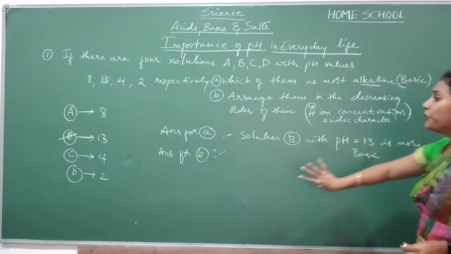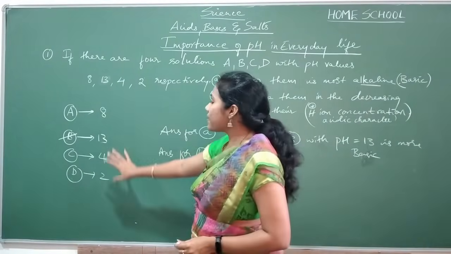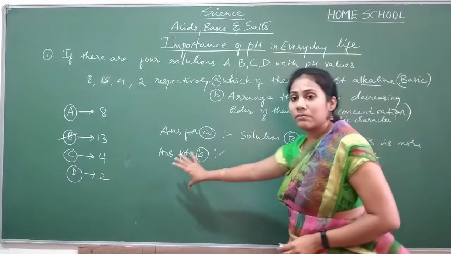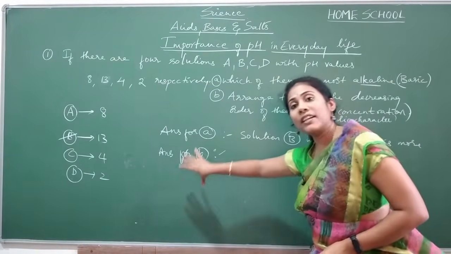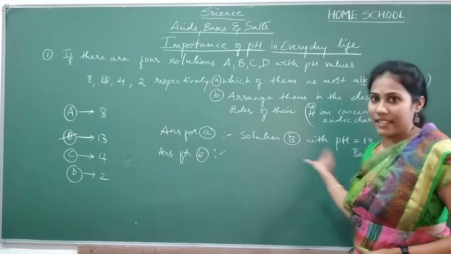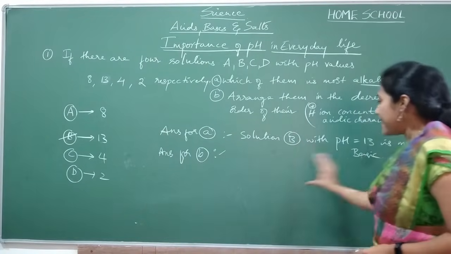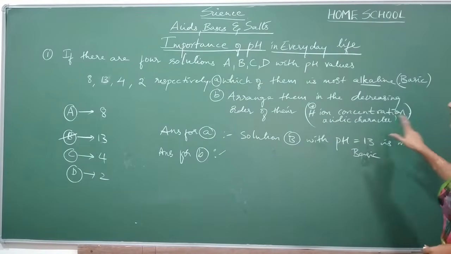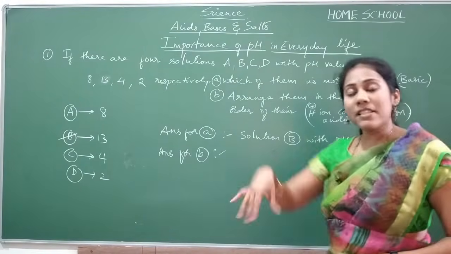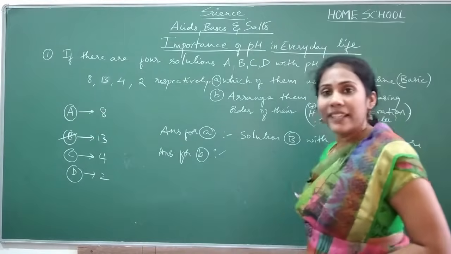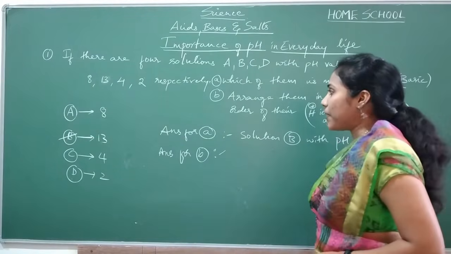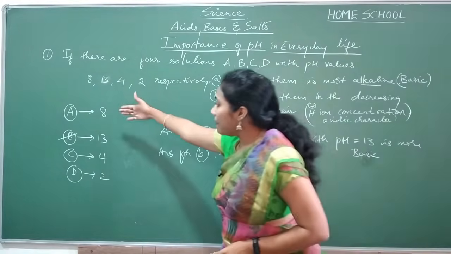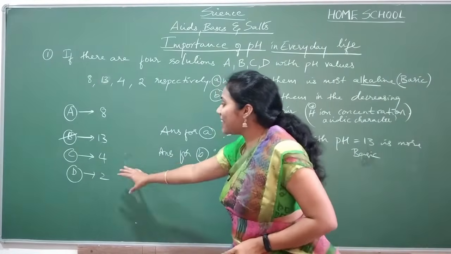That means you have to arrange all these solutions from strongly acidic to weakly acidic, more acidic to less acidic. Decreasing order of H plus ion concentration means strong acid to weak category. So among them, tell me which is the strongly acidic solution?